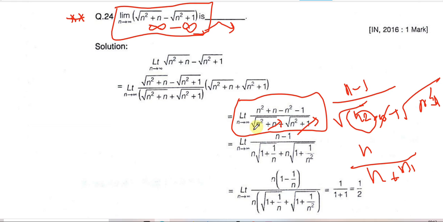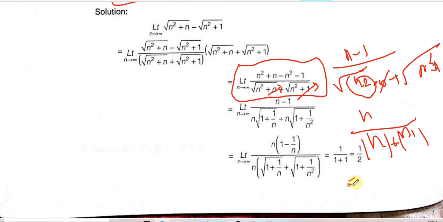But always keep in mind that square root of n square is mod n. If n is approaching infinity, fine, but if it says n approaches minus infinity, then we will open this term with a negative. So always keep this in mind. It will be n upon 2n, so n upon 2n is 1 by 2.